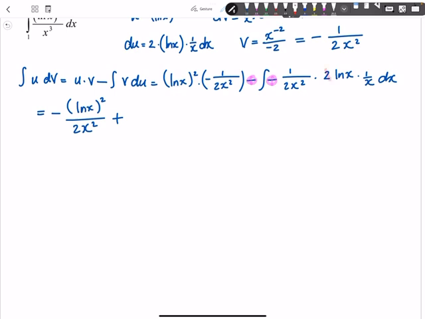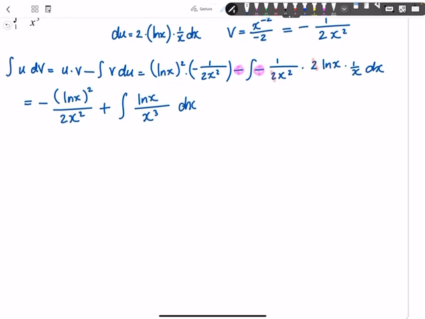You see the coefficient 2 cancels with the coefficient 2 in the bottom. And so what I'm left with then is going to be plus the integral of natural log of x divided by x cubed dx.